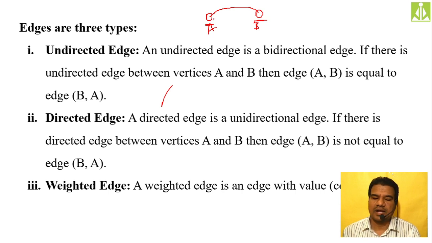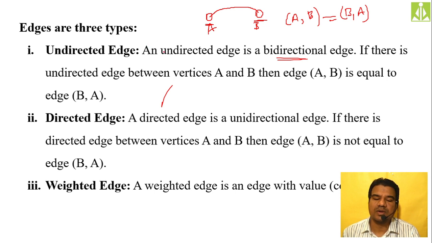An undirected edge is a bidirectional edge as well, because you can write this edge as A comma B or B comma A. Both are equal, because there is no direction. So making A the starting point and B the end point, or making B the starting point and A the end point, both are the same.